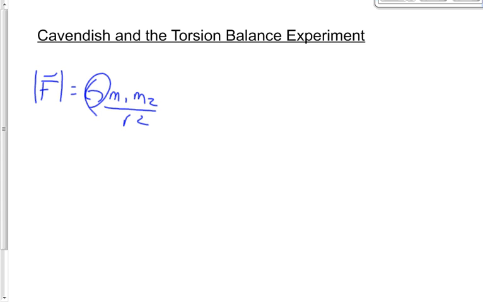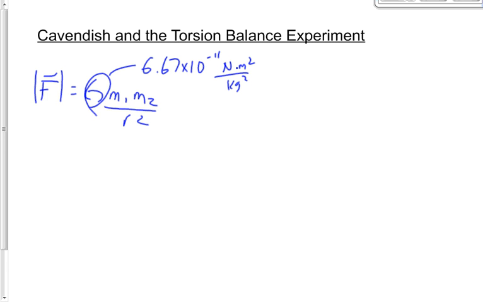Well, if we dig a little deeper here, there's one question that we haven't answered yet. We may have not even asked it in our minds. I told you the force of gravity between any two objects was, as Newton told us, G m1 m2 over r squared. And I told you this value was 6.67 times 10 to the minus 11 newton meter squared per kilogram squared. Where did that come from?